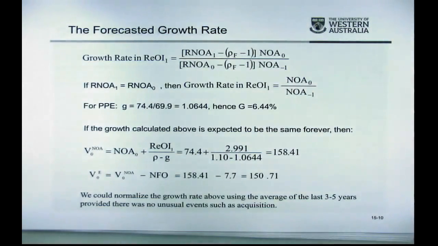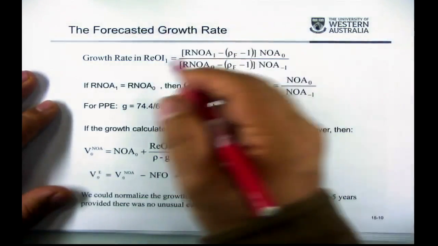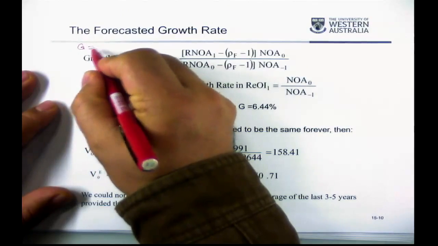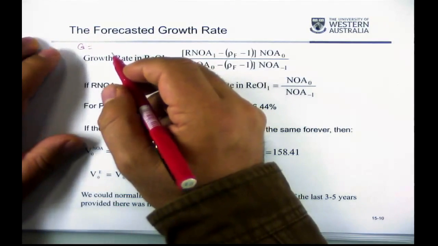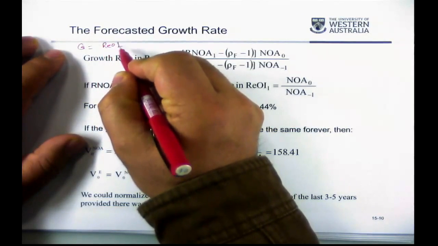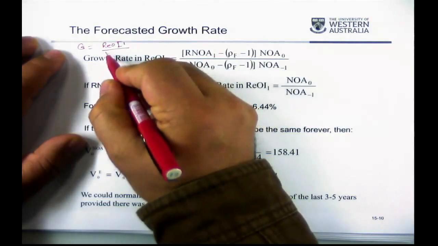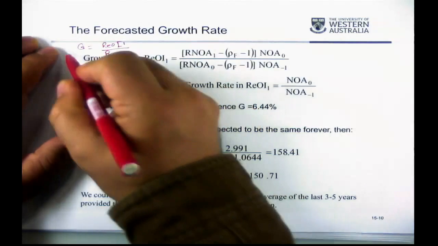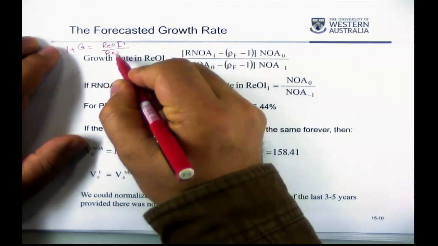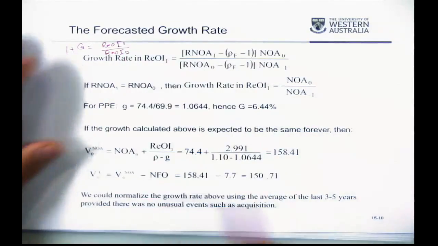How much is the growth rate? The growth, or 1 plus the growth, is equal to residual operating income in year 1 divided by the residual operating income at time 0.